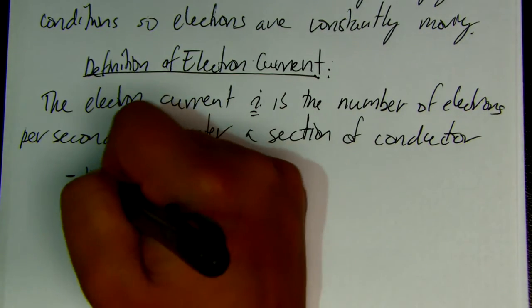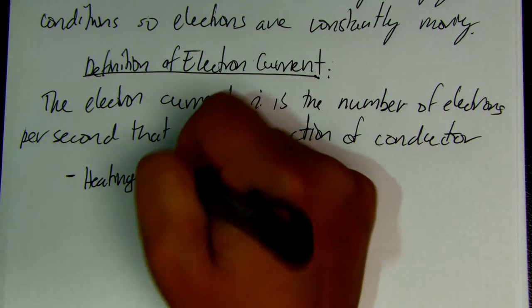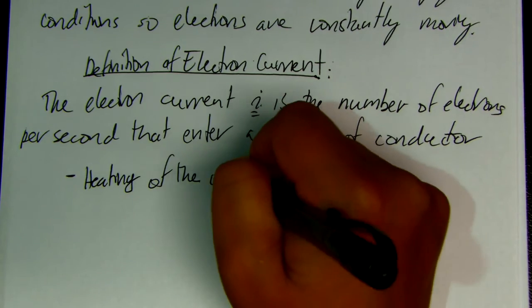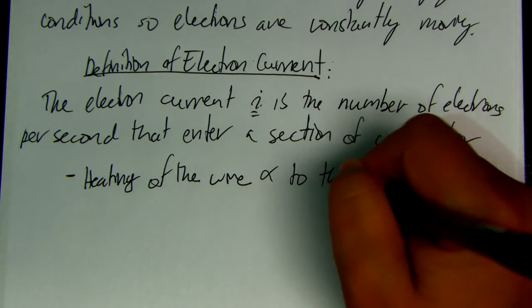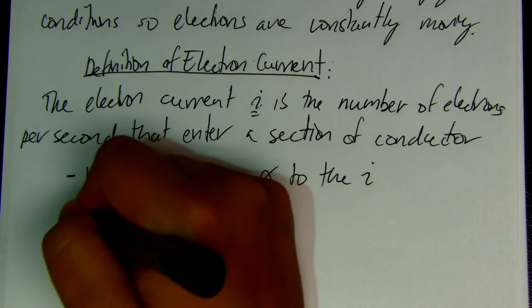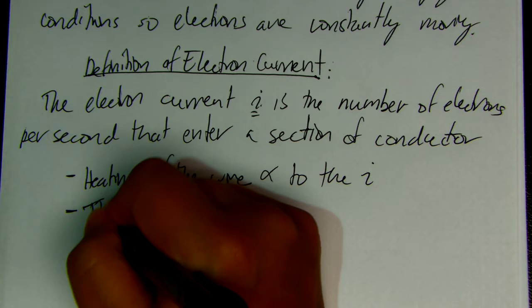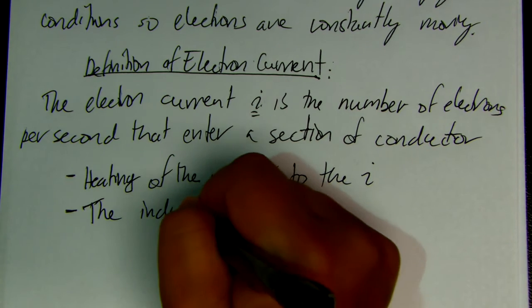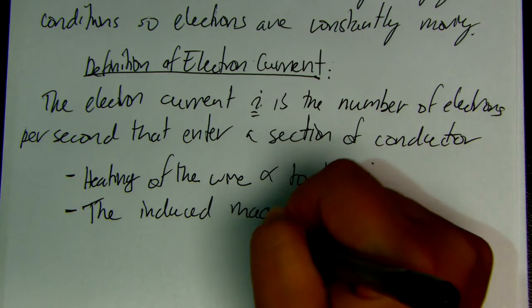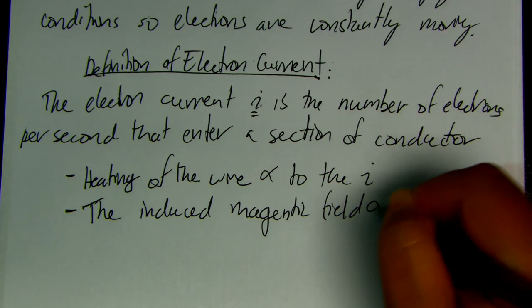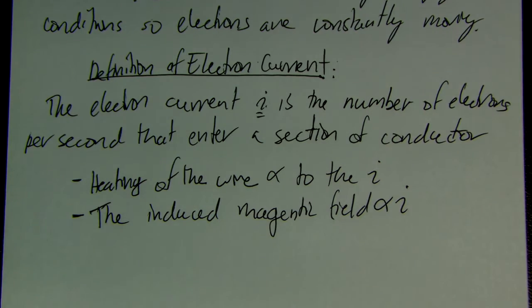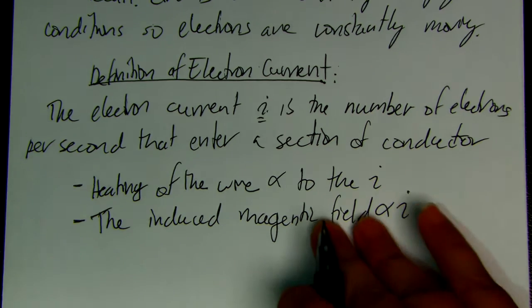So you have the heating of the wire, which is proportional to i squared, and you have the induced magnetic field. Both of these can tell you something about the electron current going through that wire.